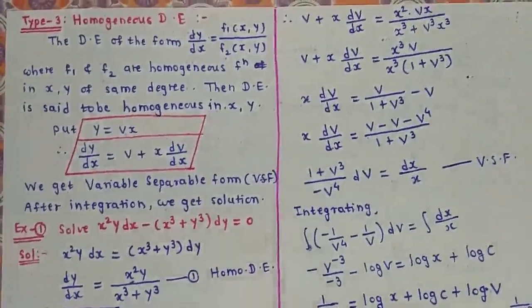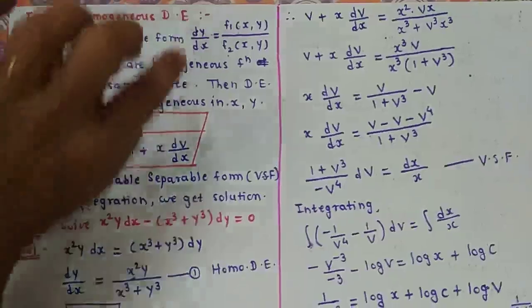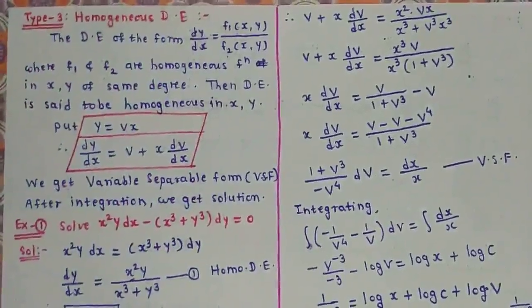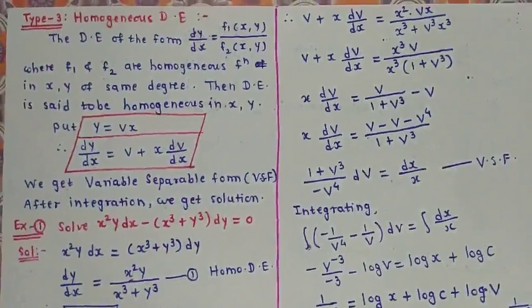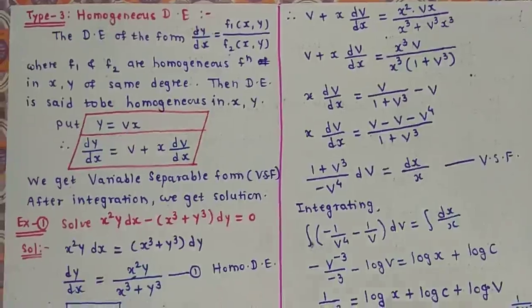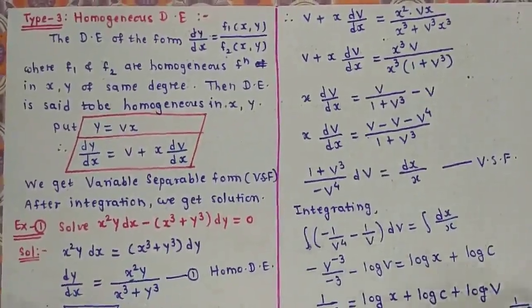So remember the differential equation of the form dy by dx equals f1 upon f2, where f1 and f2 are homogeneous functions in x and y, and both are of the same degree. Now let us see a few examples.